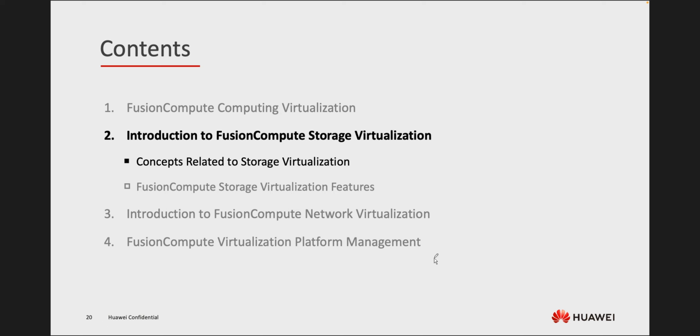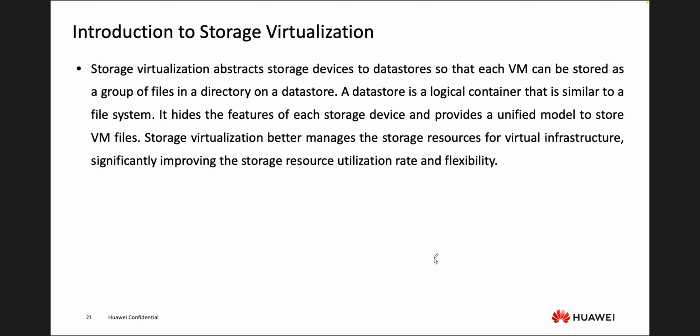All right, so when we look at storage virtualization, we've covered now the GPU virtualization, we looked at CPU virtualization, what Fusion Compute can do. When you look at storage virtualization, it's where you abstract storage devices to data stores so that each VM can be stored as a group of files in a directory on a data store.